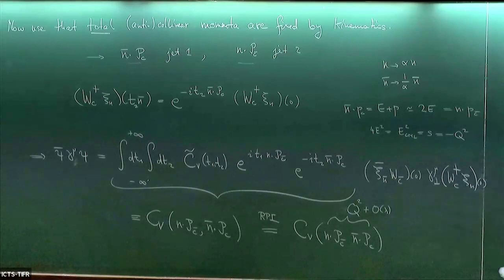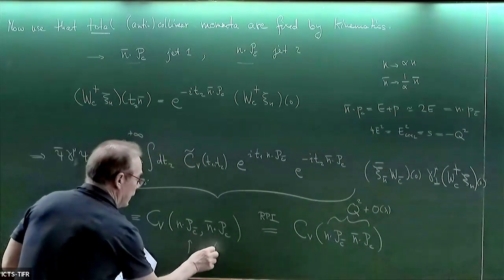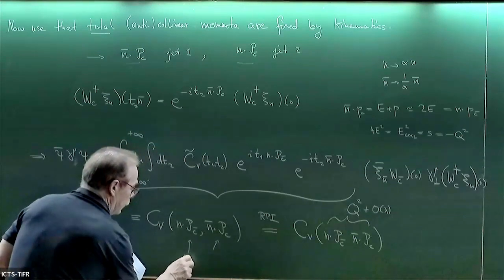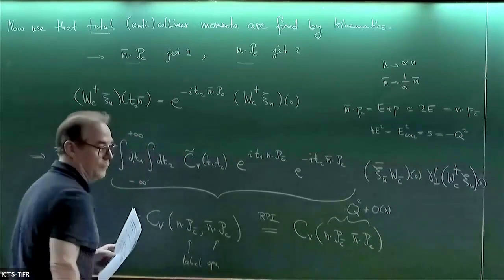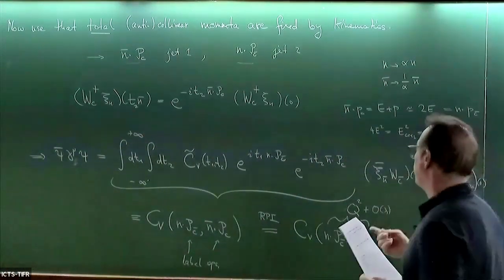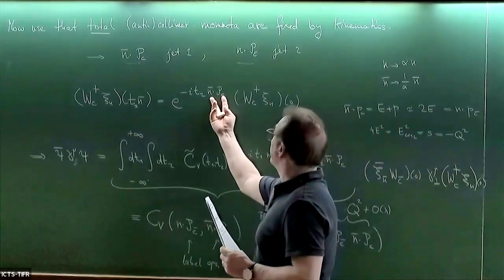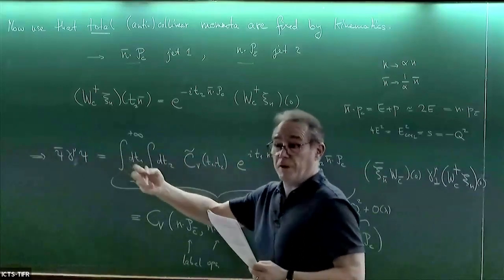In the literature, these are sometimes called label operators. I'm not using that language here. I'm just telling you, when you read about label operators, you can see this as an operator whose eigenvalue is the total momentum of the jet.